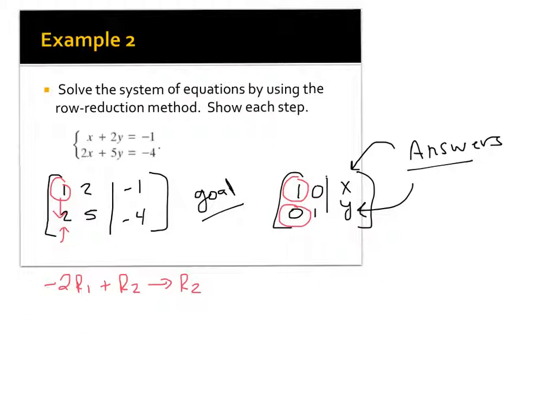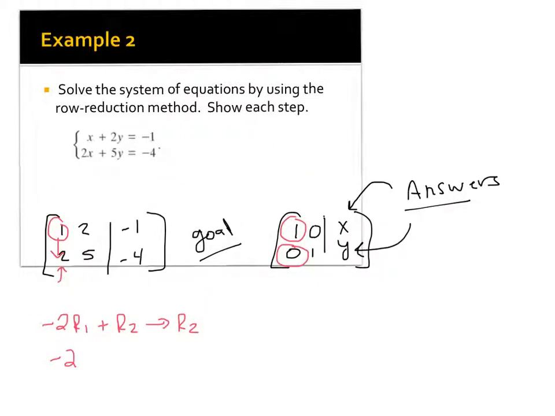Okay? The only thing that's being replaced is row 2. Okay? So I'm going to take -2 times row 1. Okay? So follow along here. I'm going to take -2 times row 1. So -2 times row 1 is -2.